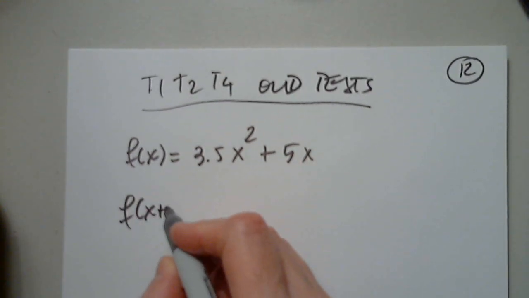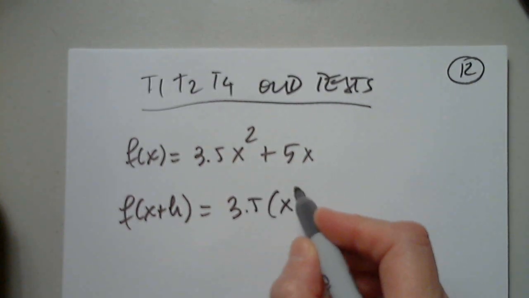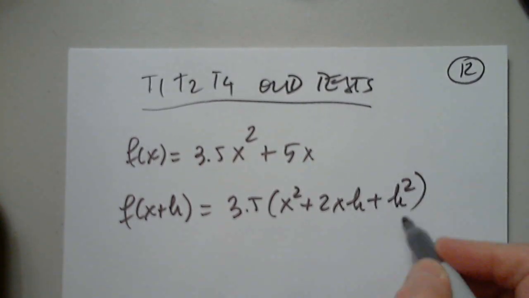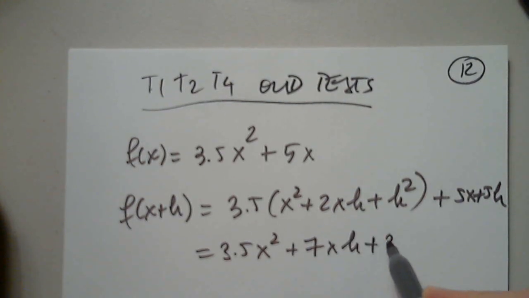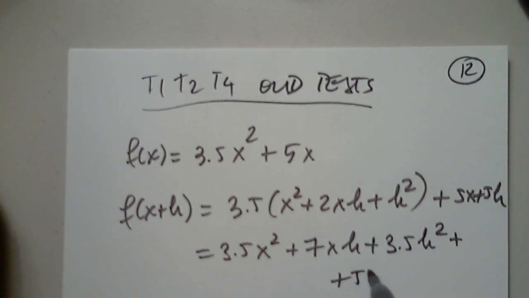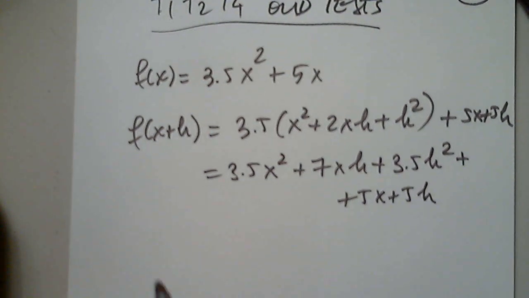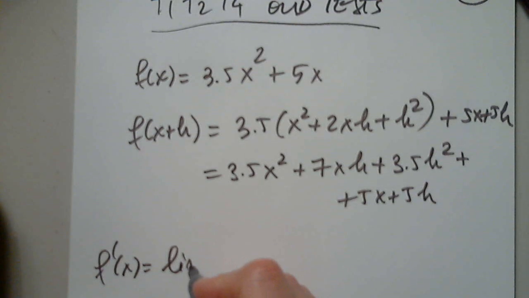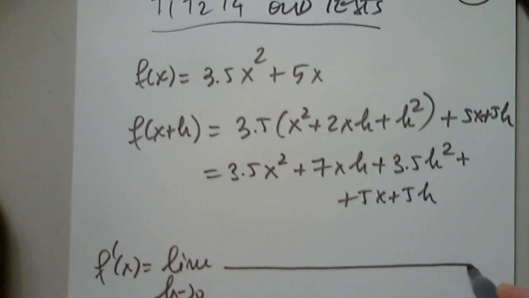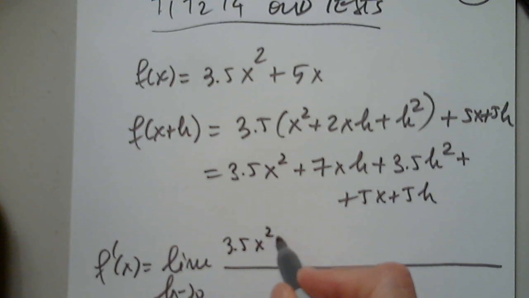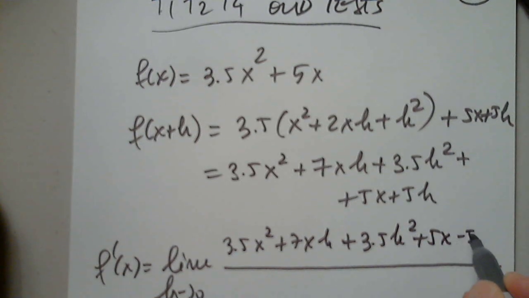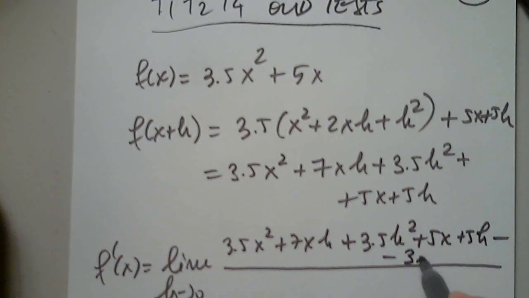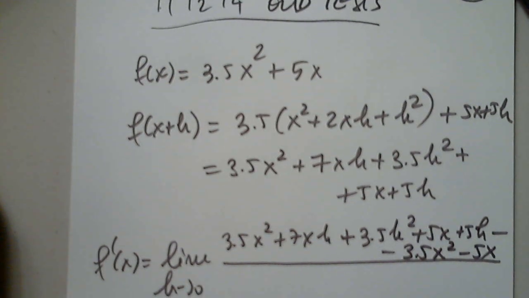So we have f of x plus h first: 3.5 x squared plus 2xh plus h squared plus 5x plus 5h. So this is 3.5 x squared plus 7xh plus 3.5 h squared plus 5x plus 5h. So now f prime of x, two big concepts put together: 3.5 x squared plus 7xh plus 3.5 h squared plus 5x plus 5h minus 3.5 x squared minus 5x.